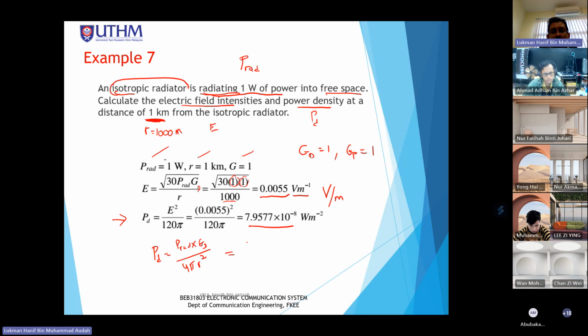So this is 1 times 1 divided by 4 pi times 1000 squared. Try to use your calculator to see whether you can get the same answer or not. So 1000 squared times 4 pi, then 1 divided by the answer, and you're going to get 7.9577 times, the same answer.